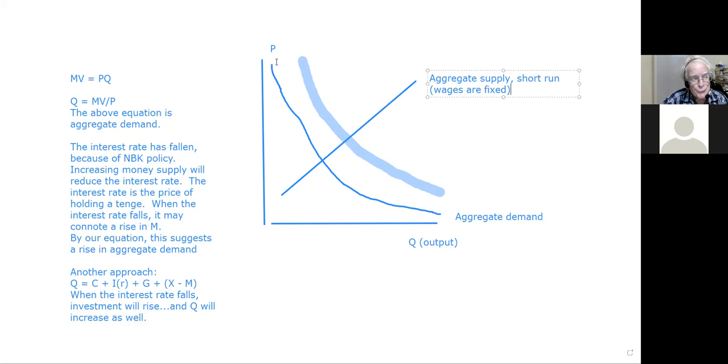So in either analysis, using this equation or this equation right here, the fall in the interest rate will increase aggregate demand. And I think that is the background that you need for question number 2.